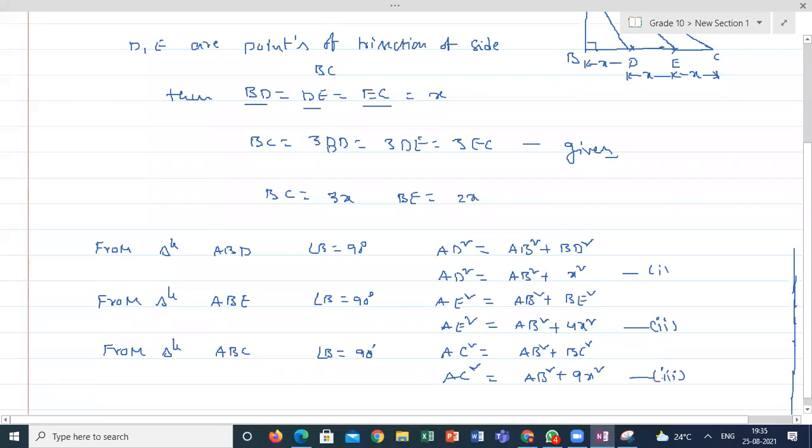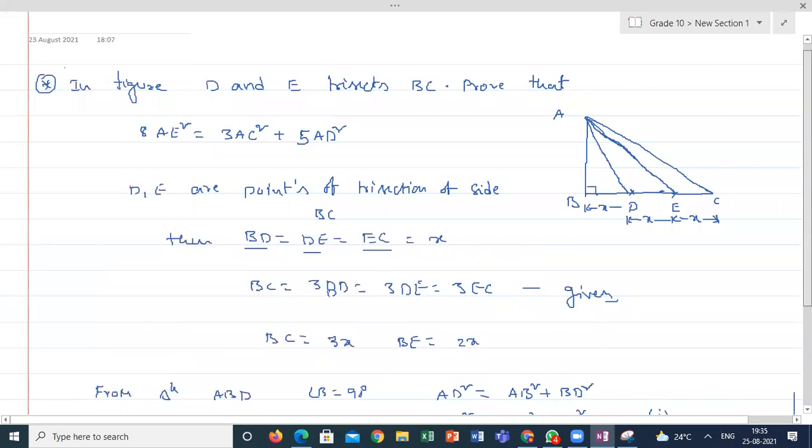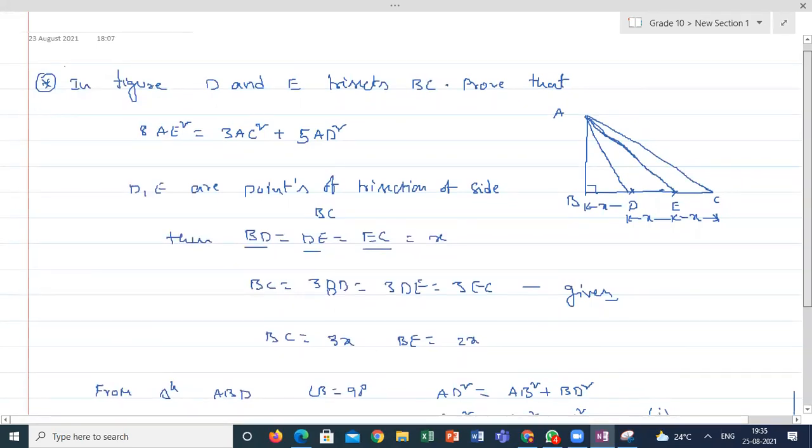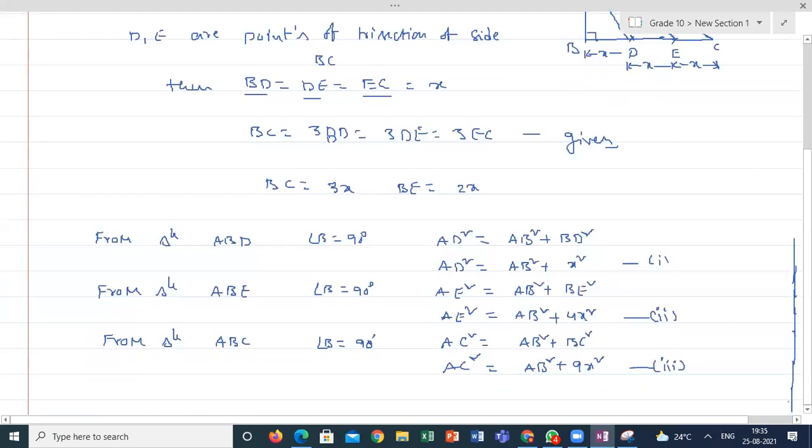So how can we prove the required statement from all these three equations? What is the required statement? 8AE square will be equal to 3AC square plus 5AD square. That is what I have to prove.